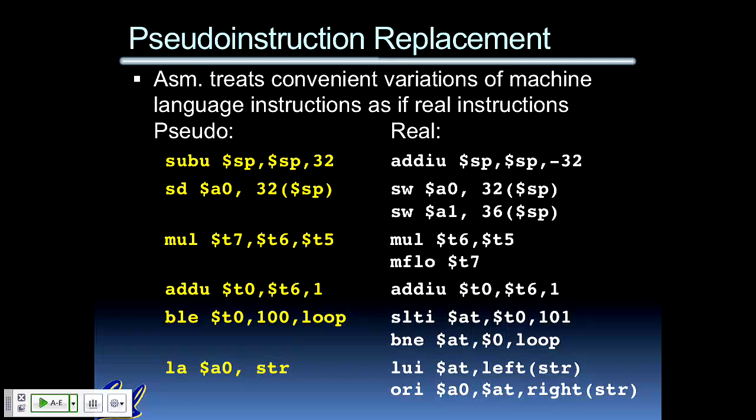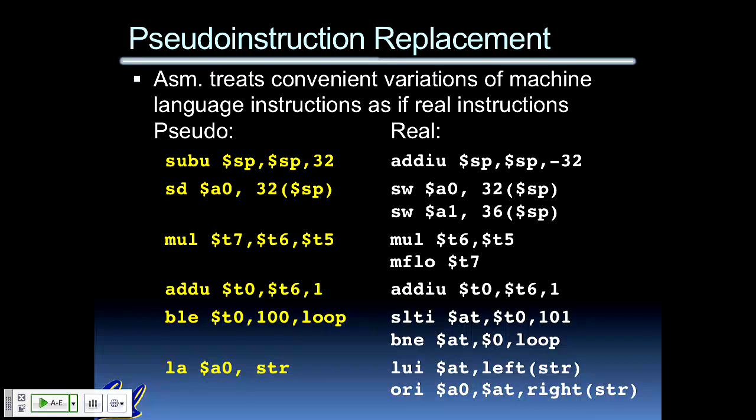It has a lower level instruction called mult. There's a typo here, that should be a T. That multiplies 2 numbers, but the results don't go into registers, they go into 2 special locations, 2 special registers called high and low. I'll talk about those in a minute. And then you have to actually retrieve the result from the low register here, T7. So this mul turns into these 2 instructions in MIPS.